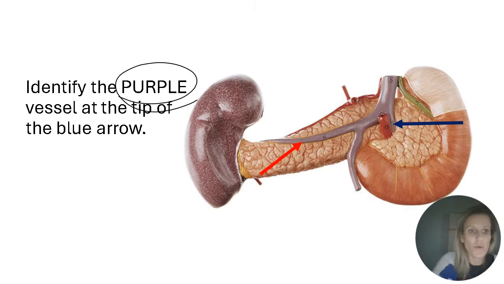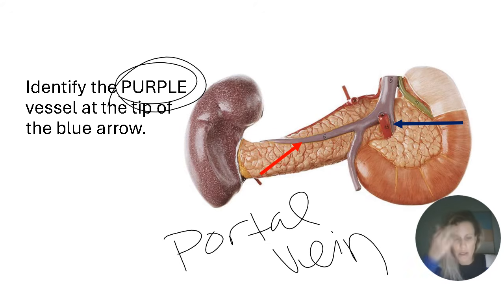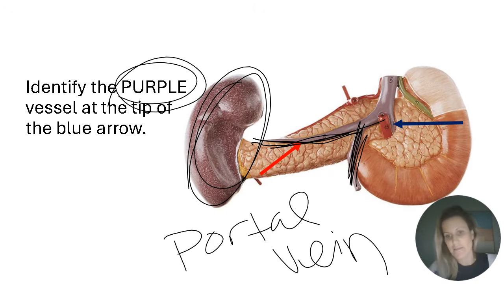Identify the purple vessel at the tip of the blue arrow. Remember, purple should tell you right away that this is a portal vein. Okay, a portal vein. And I always recommend that you start at the spleen. Coming from the spleen is the splenic vein. The first vessel that merges is the inferior mesenteric vein.